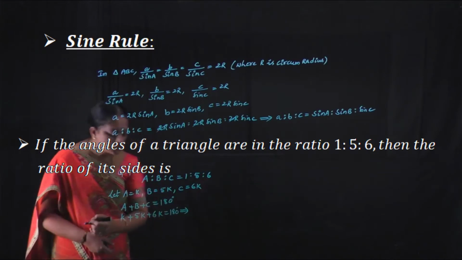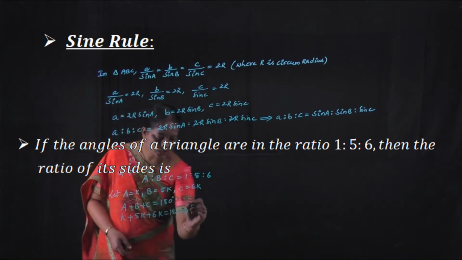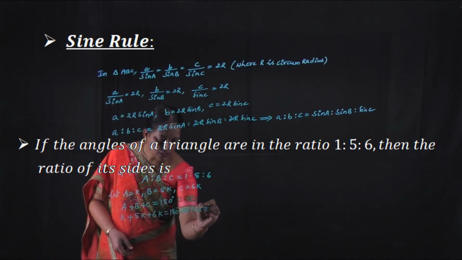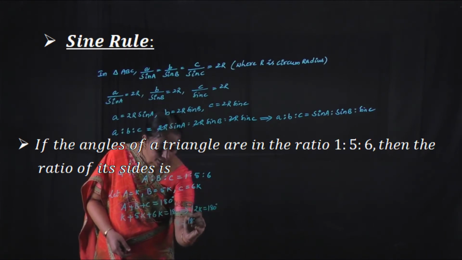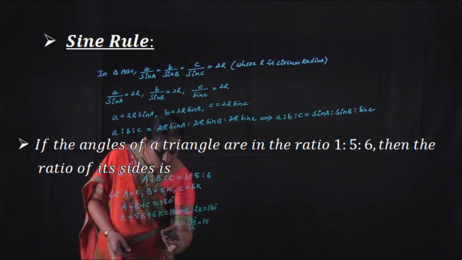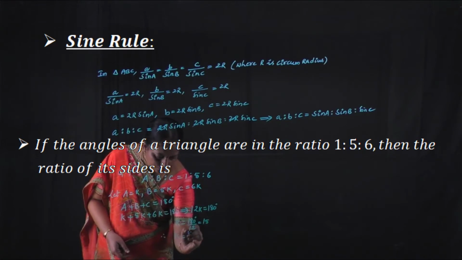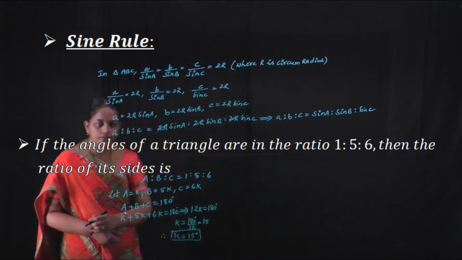So, K plus 5K plus 6K means 12K. 12K equal to 180 and K equal to 180 by 12, that is equal to 15. Therefore, K equal to 15 degrees.